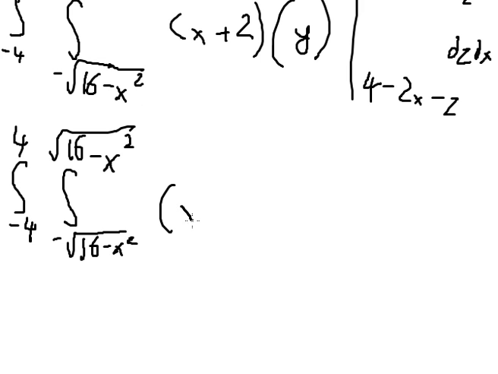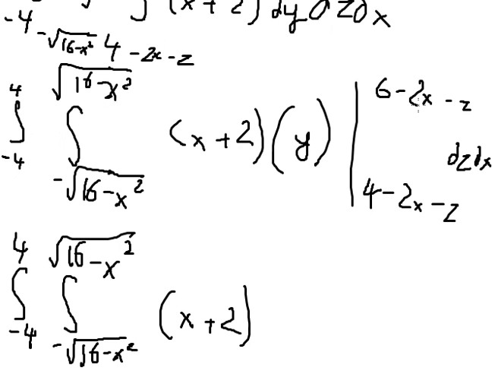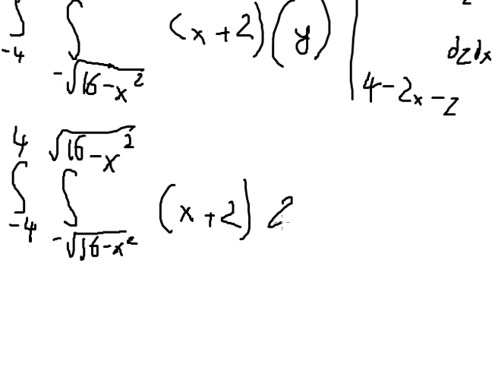So we have the top minus the bottom, 6 minus 4, negative 2x minus negative 2x. This one will eliminate. So we just have 6 minus 4, so we have 2.